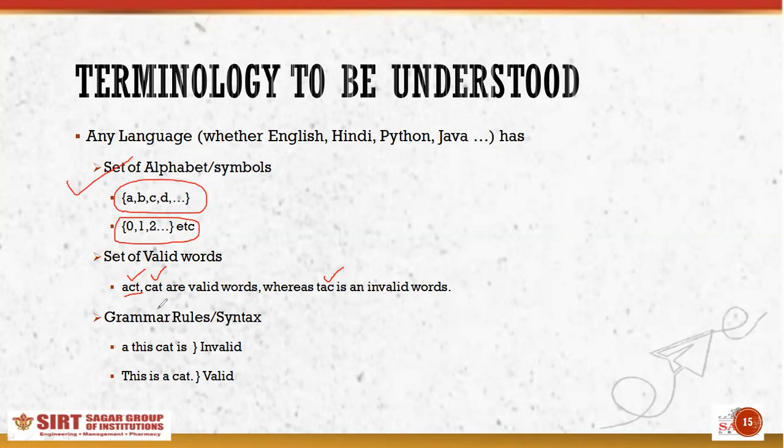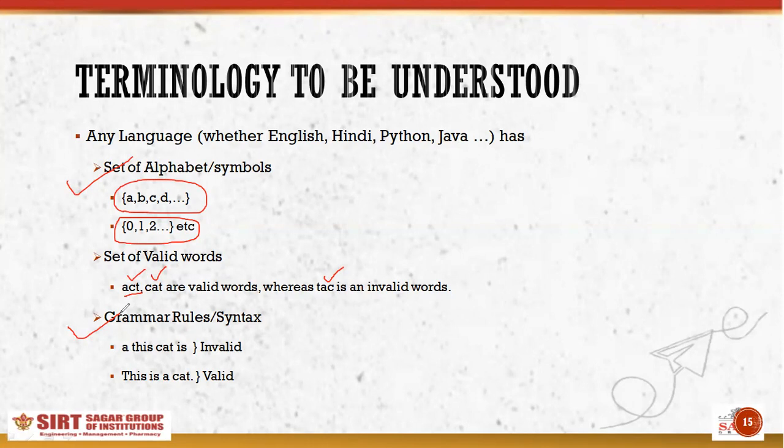And lastly, the most important thing is grammar rules, or what we call syntax in programming languages. Every language, I'm saying every language, whether it is English, Hindi, or any computer language, must have some grammar rules. For example, in English, first of all we write the subject, then comes the verb, and then comes the object.